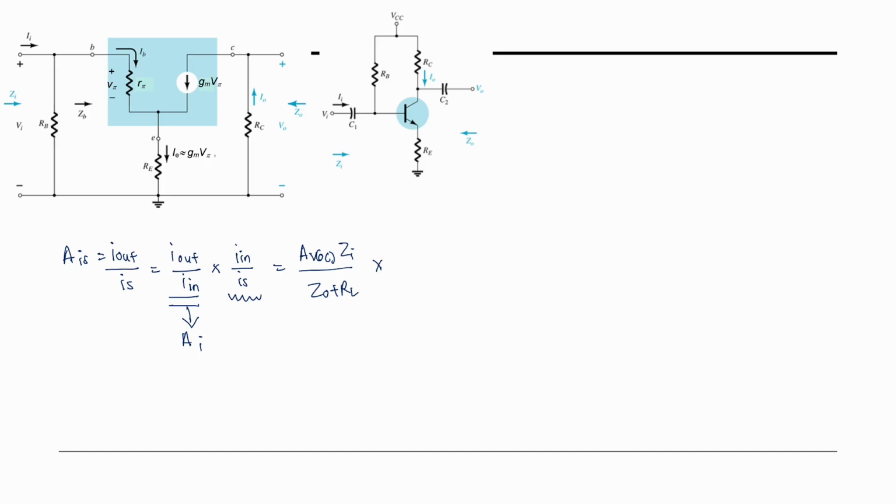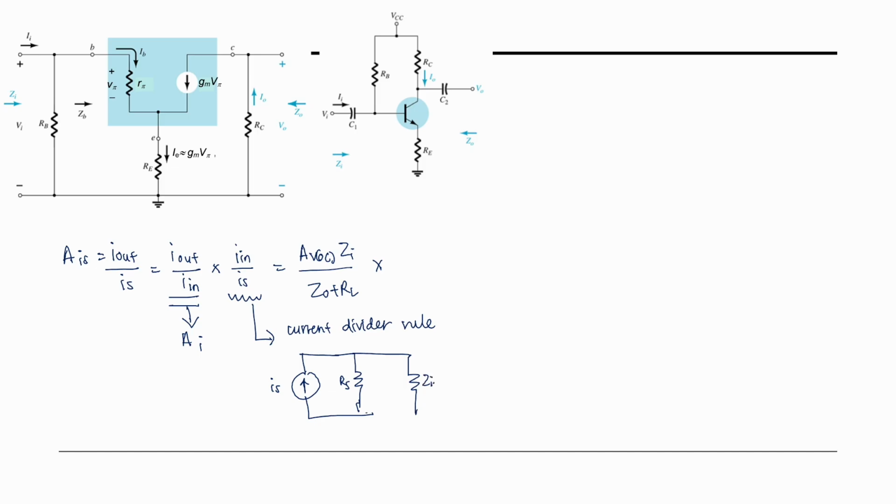For this particular part, same as what we have discussed earlier, you need to use the current divider rule. Your circuit is going to be like this. This will be IS, this will be your RS, and this will be your Z in.